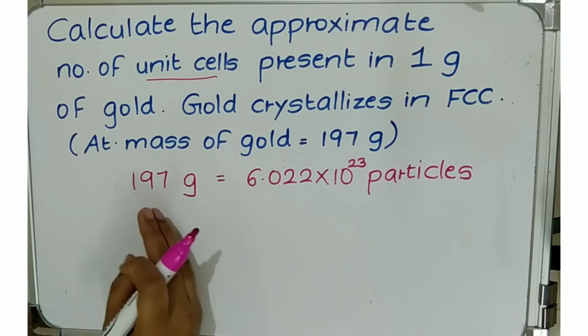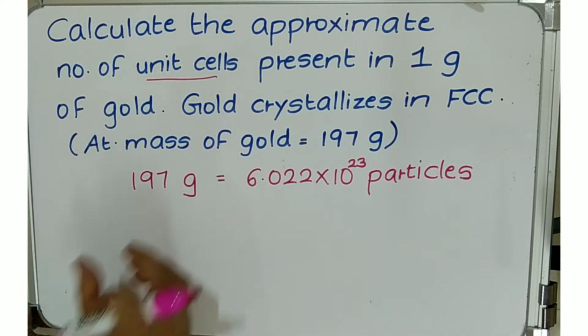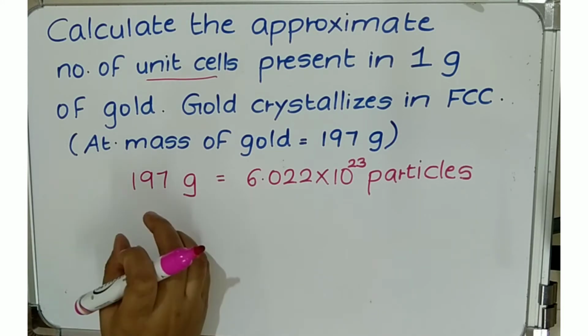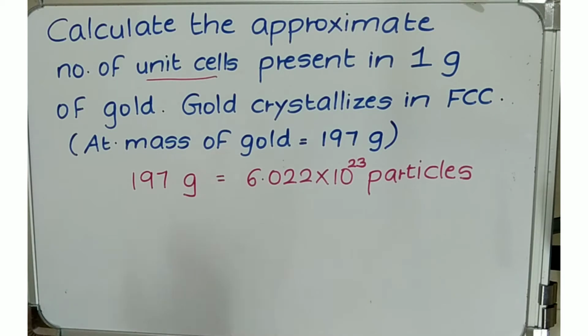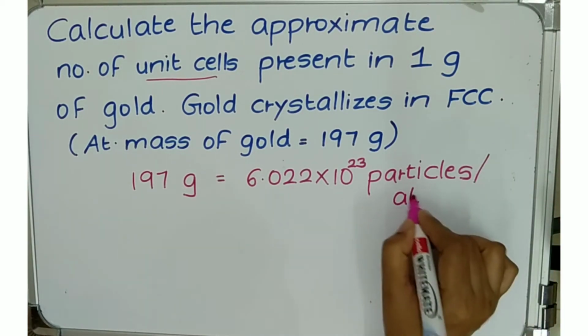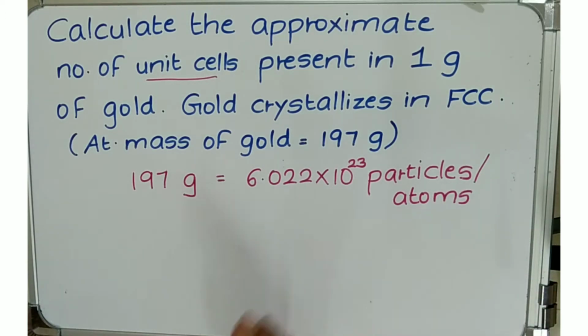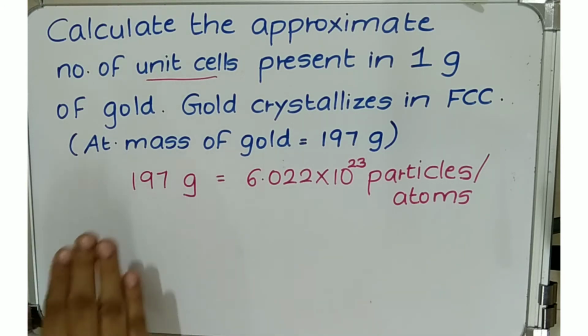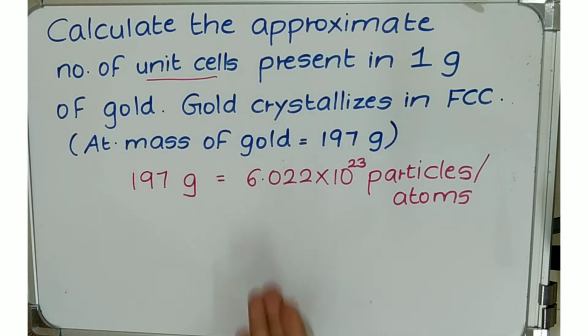Always the molar mass or the atomic mass of that substance will have Avogadro number of particles, or we can say Avogadro number of atoms, or Avogadro number of molecules, Avogadro number of ions. Correct? So molar mass or atomic mass of any substance is equal to Avogadro number of particles.